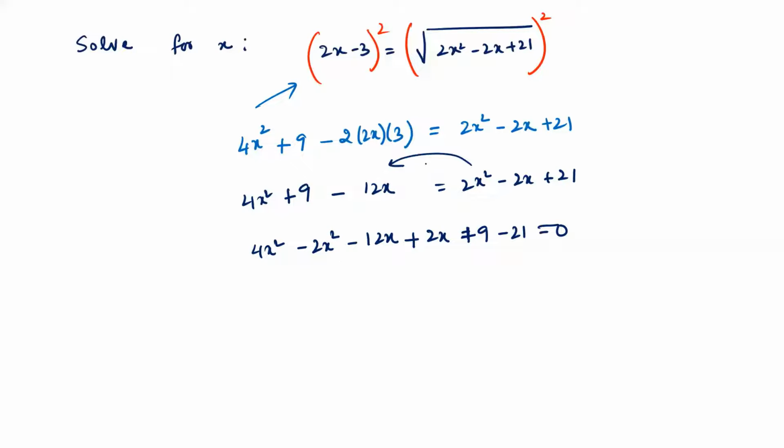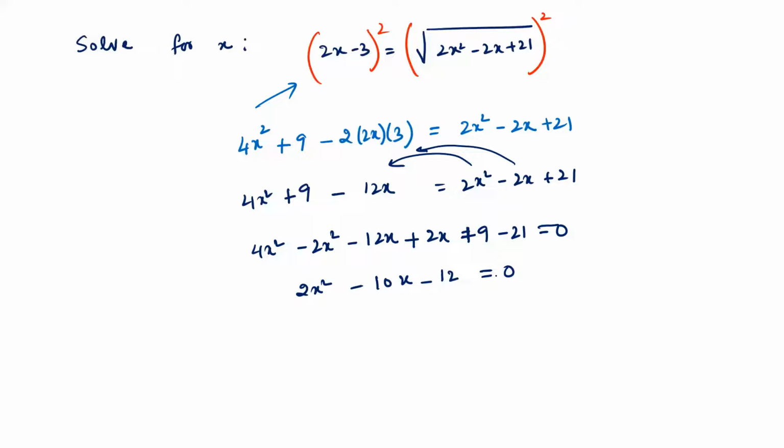I've shifted the terms from the right hand side to the left hand side. So we get here 2x square minus 10x, minus 9 minus 21 is minus 12.